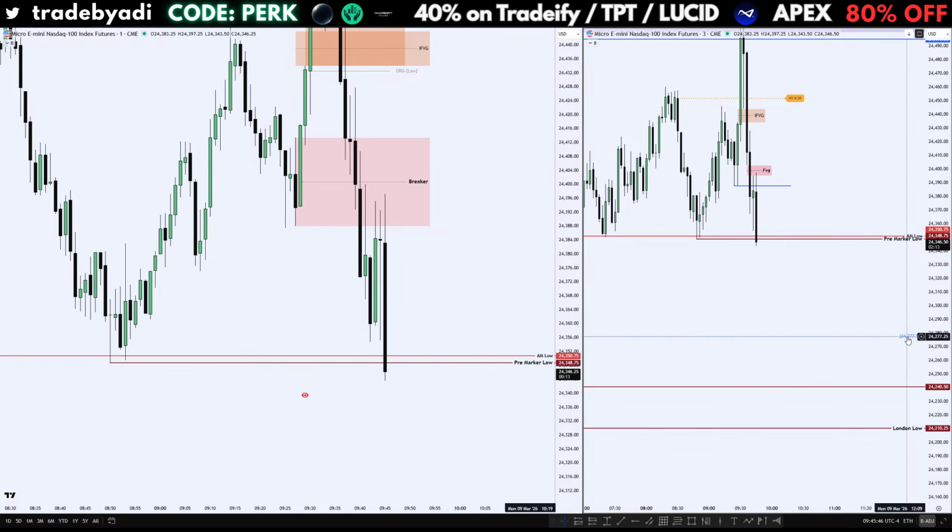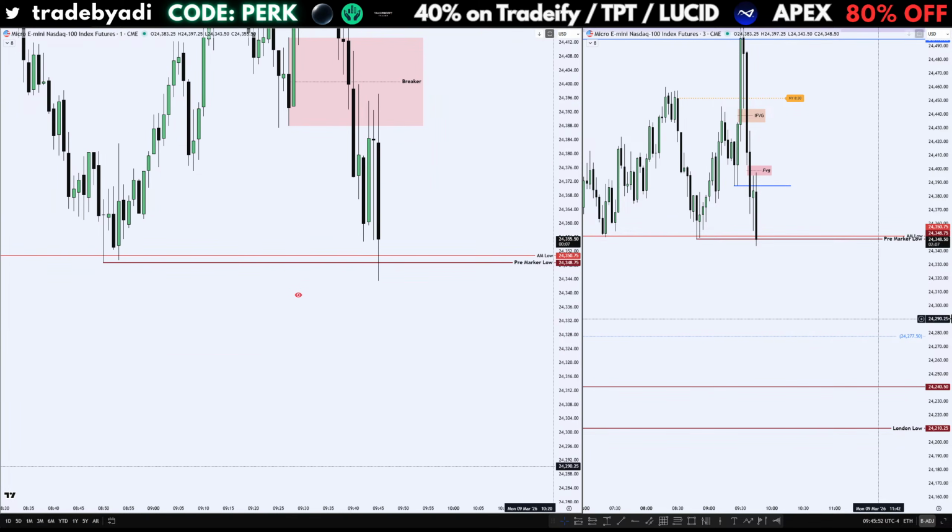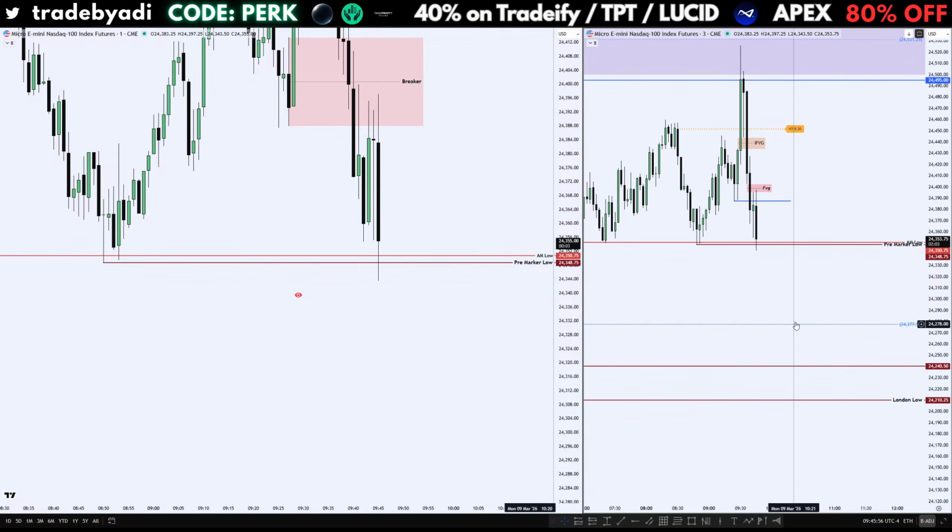Okay, so I have taken out my first position on this pre-market low liquidity. I have kept only one quantity for this low or the London low.